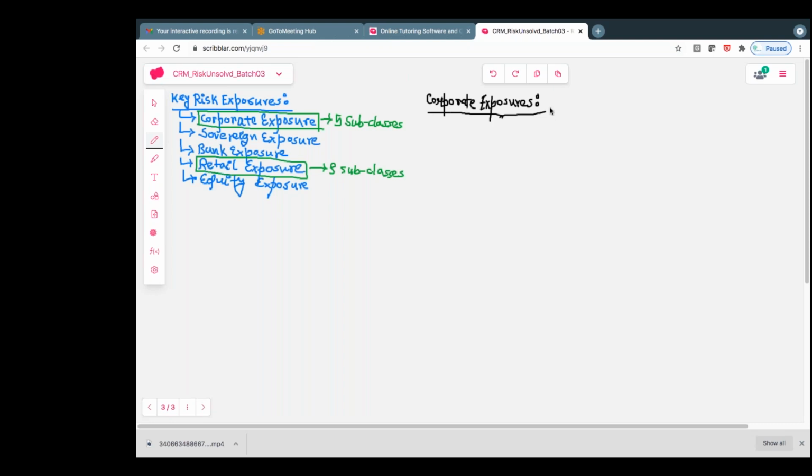Right. So basically, let's first start by defining the corporate exposures. Because the way the corporate exposures are defined and the way the retail exposures are defined in the guidelines, to a large extent determines the way that these two are modeled.